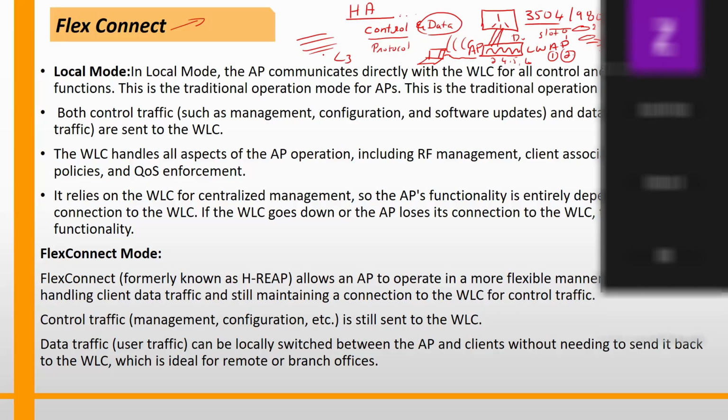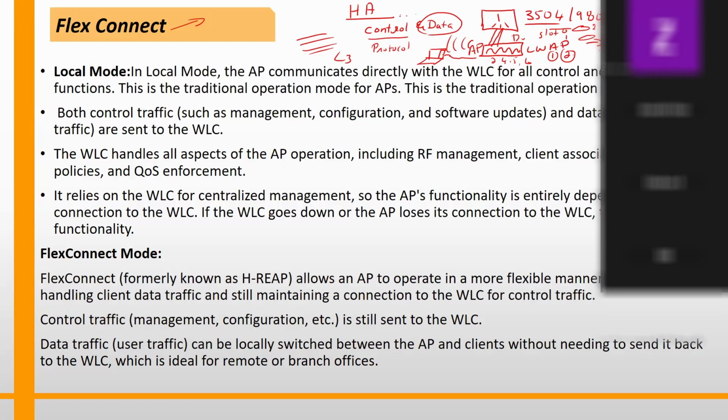Now this access point is registered to the WLC and it is working in the local mode by default. It is putting all the traffic onto the CAPWAP tunnels. But what if the access point loses connection with the WLC?